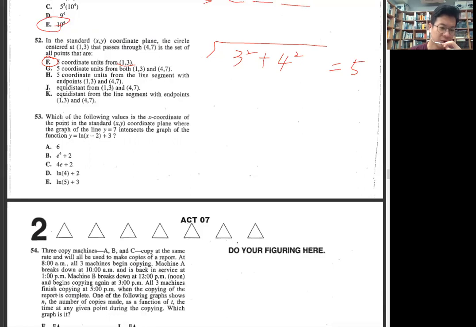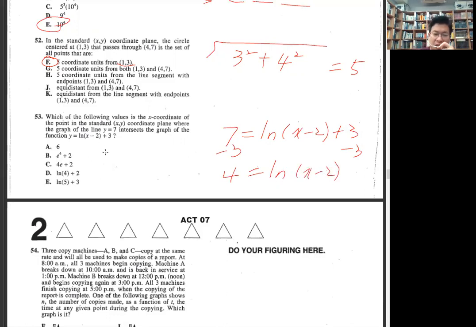What is the x coordinate of the point in the plane where the graph has y equal to 7? So if you put y as 7, 7 equals ln of x minus 2, plus 3. Subtract 3, so 4 equals ln of x minus 2. ln is log base e, so log base e of x minus 2 equals 4.